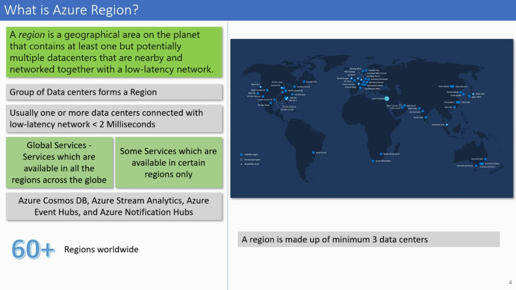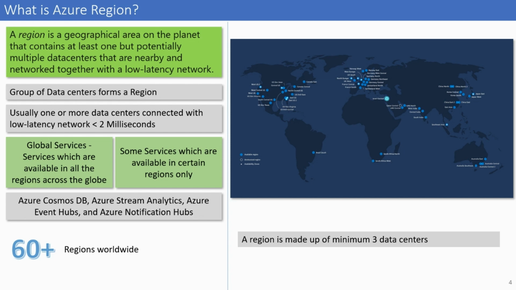Azure currently has over 60 regions worldwide, with more being added as the service expands. Each region is composed of one or more data centers that are connected by a high speed private network. Some Azure services are only available in certain regions due to regulatory compliance or other technical requirements. For example, Azure government services are only available in Azure government regions, which are specifically designed for government agencies and organizations.